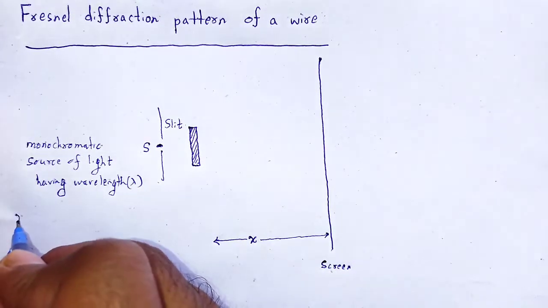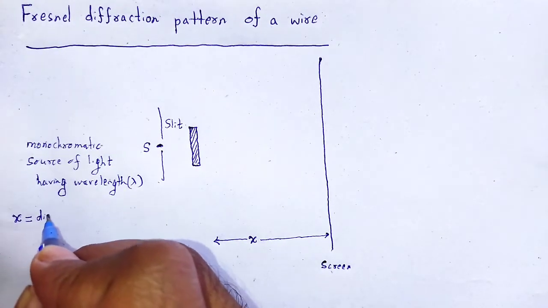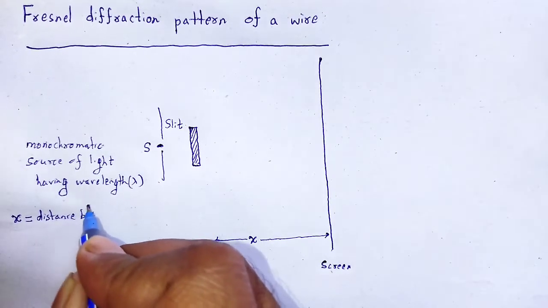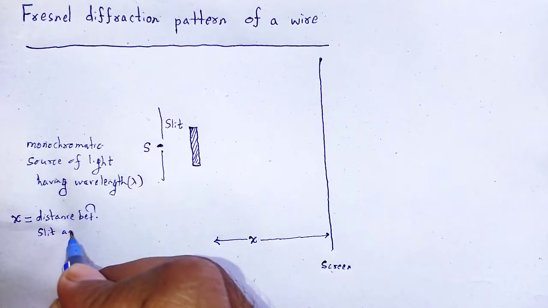Here x is the distance between slit and screen.